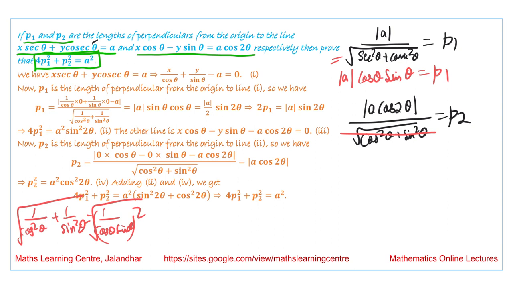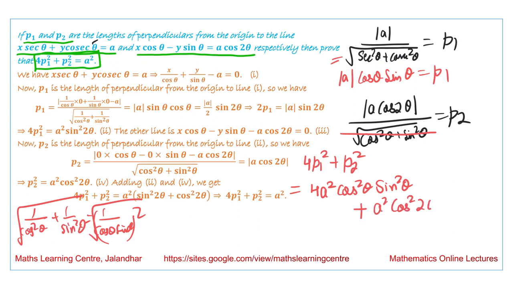Now we have to calculate the value of 4P1 square plus P2 square. So we get 4A square cos square theta sine square theta plus A square cos square 2 theta. Now look at this term, it is cos theta sine theta.